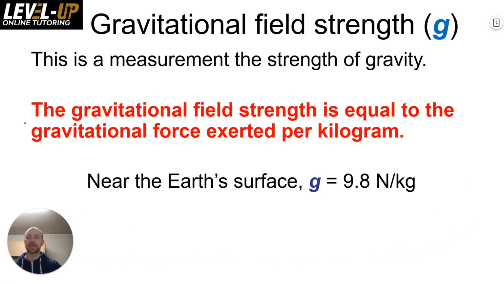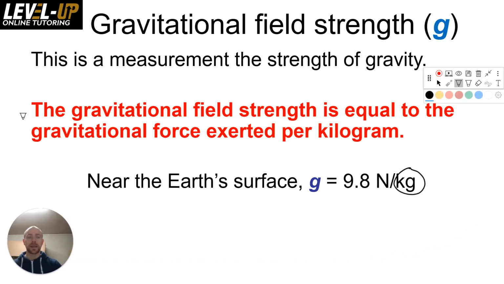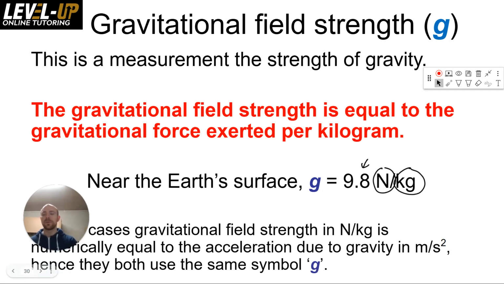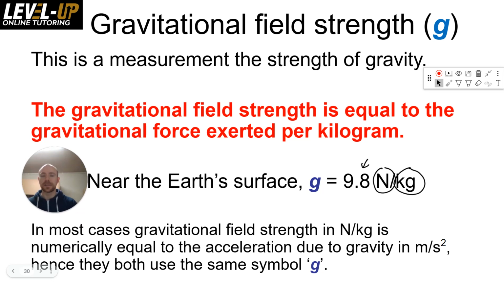It means that if I had 1 kilogram, then the force exerted on that 1 kilogram would be 9.8 newtons. 9.8 newtons per kilogram, or 9.8 newtons for every kilogram. If I had 2 kilograms, then the force exerted would be twice that. So those units are really telling you everything you need to know. Do you need a formula? Well, it's handy, but not essential if you know what these units mean.